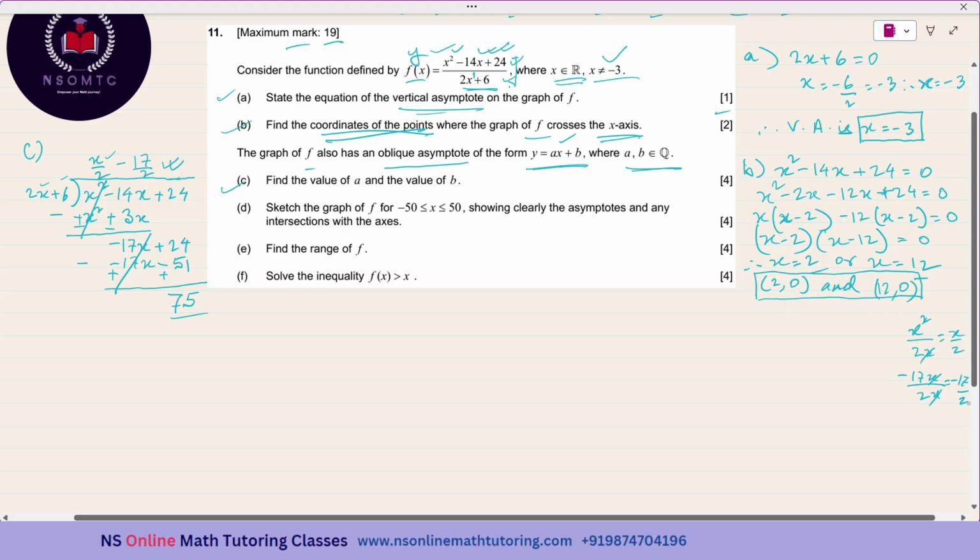And so y equal to x over 2 minus 17 over 2 is the equation of the oblique asymptote.